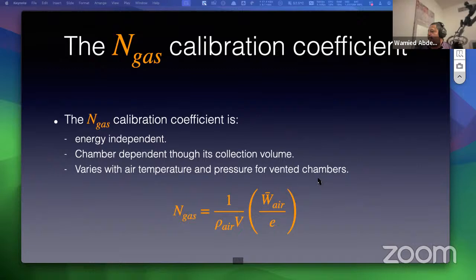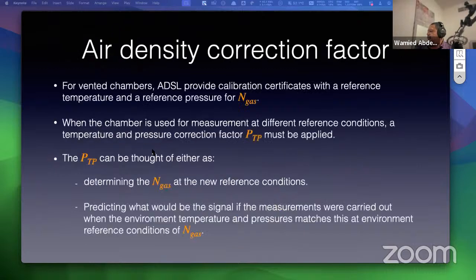But if we had sealed chambers, this factor is constant and does not depend on the temperature and pressure. So if we had a vented chamber, how do we then do a correction? How do we calculate an N-gas that is valid for the environment at which the measurements are being done?